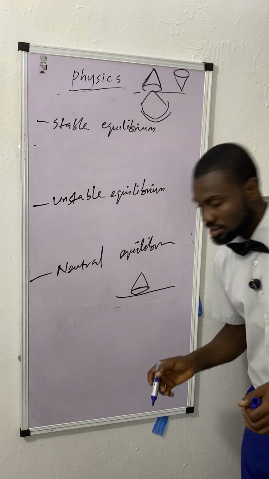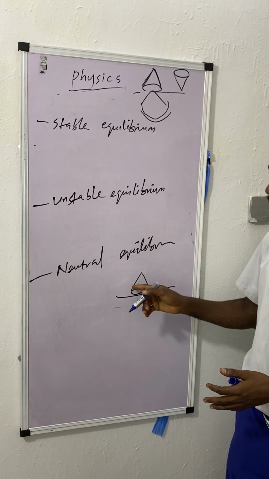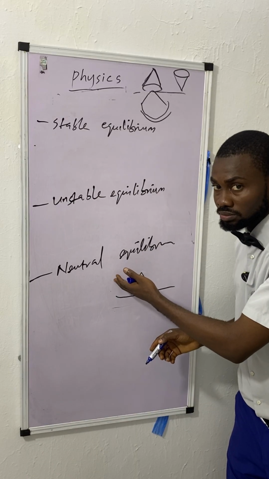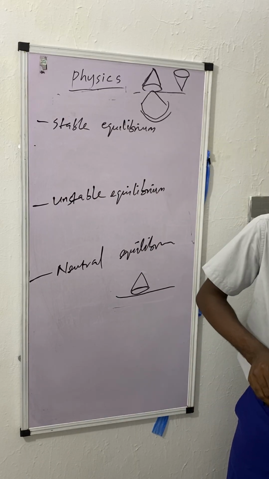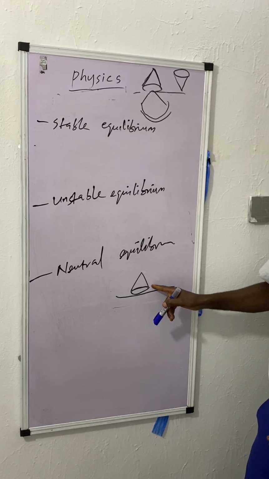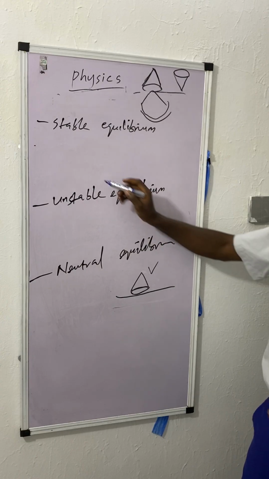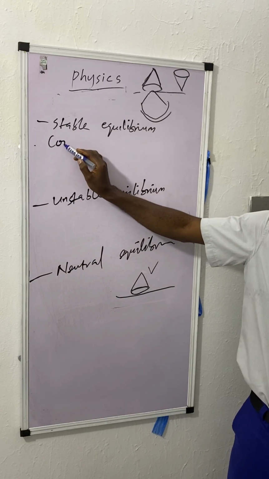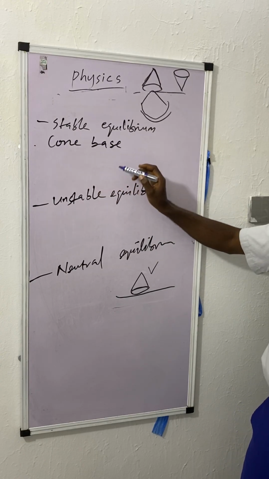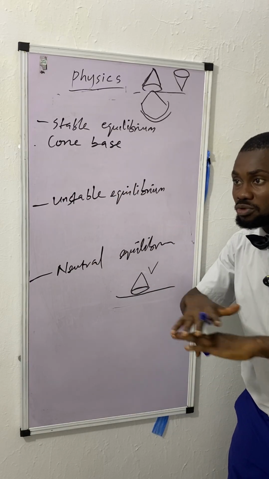It's going to shake like this, and you discover that it's going to return back to this original position. So that is for the base of the cone. This gives us a stable equilibrium. For example, the cone base placed in a leveled place.